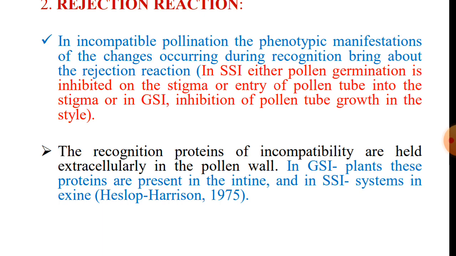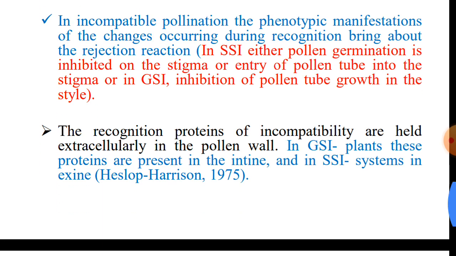While in gametophytic self-incompatibility, the recognition and rejection center is the stylar region. Here the intine proteins are involved in the recognition, and further they are rejected in the stylar canal.